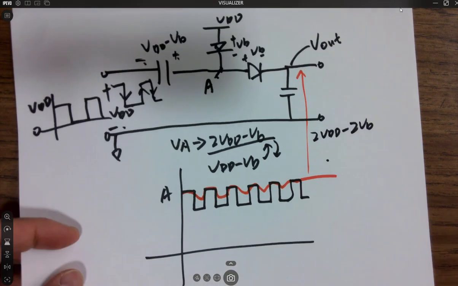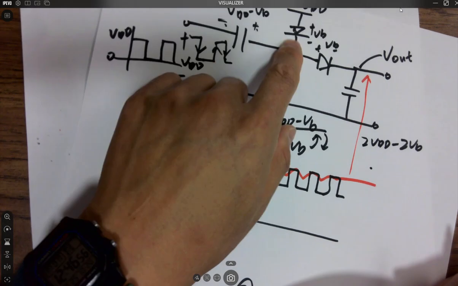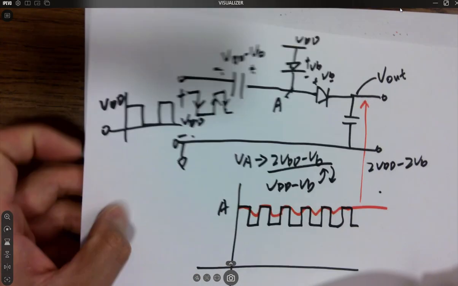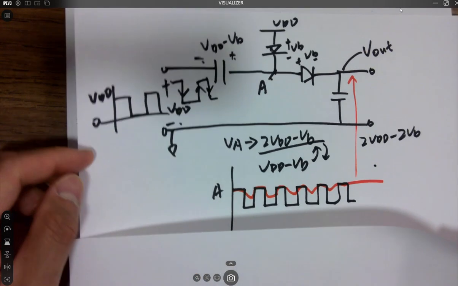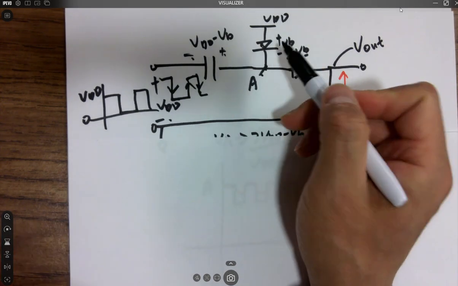And similarly, we could use NMOS transistors because all the diodes are pretty big in CMOS technology. So we hope that we can use transistors instead of diodes.